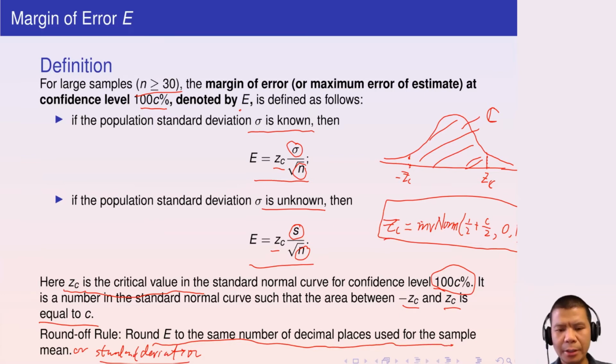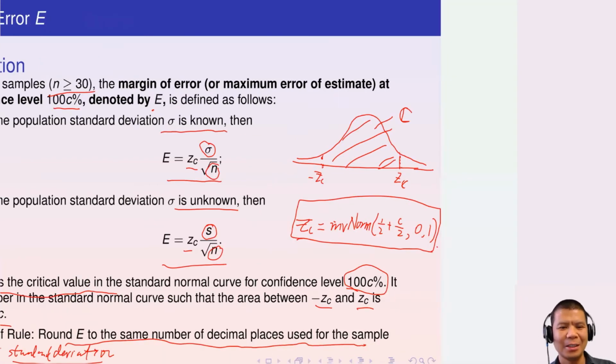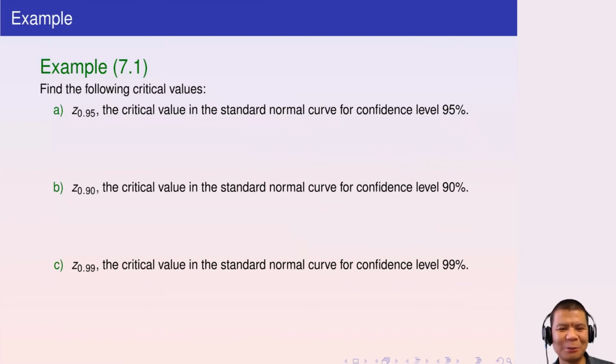Now let's consider how to find the value for ZC for certain confidence levels. Consider this example. We want to find Z.95, the critical value for confidence level 95%.